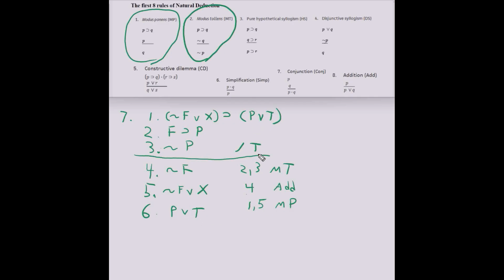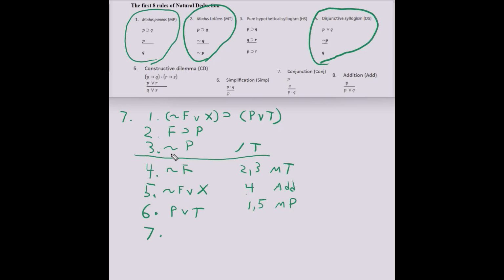Now what I want is just T. So how am I going to use P or T to get just T? Well, this should have us thinking about the disjunctive syllogism. That's exactly what it does. It takes an or, here's my or, and if I prove half of it false, the other half will follow.